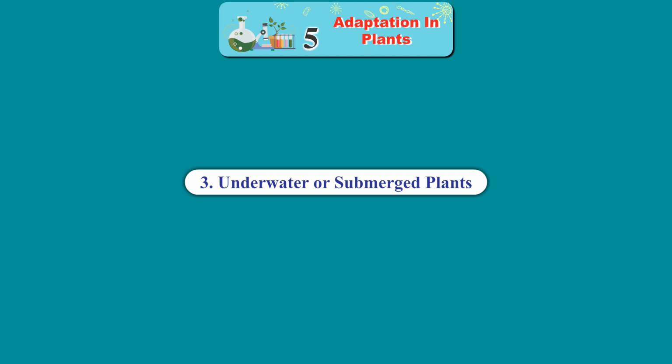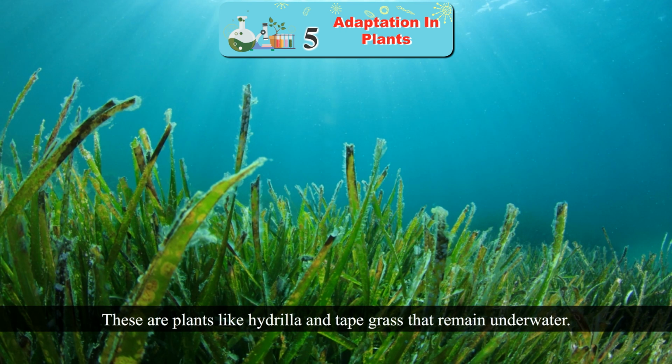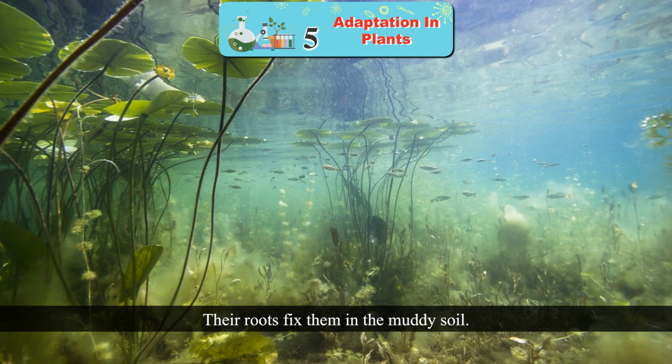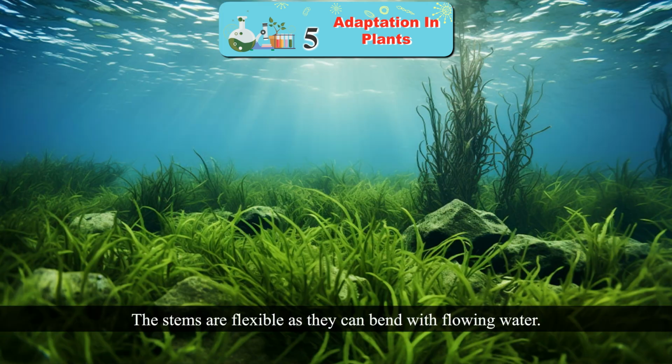Third, underwater or submerged plants. These are plants like hydrilla and tape grass that remain underwater. Their roots fix them in the muddy soil. The leaves are narrow and thin with no stomata. Exchange of gases takes place through the body's surface.